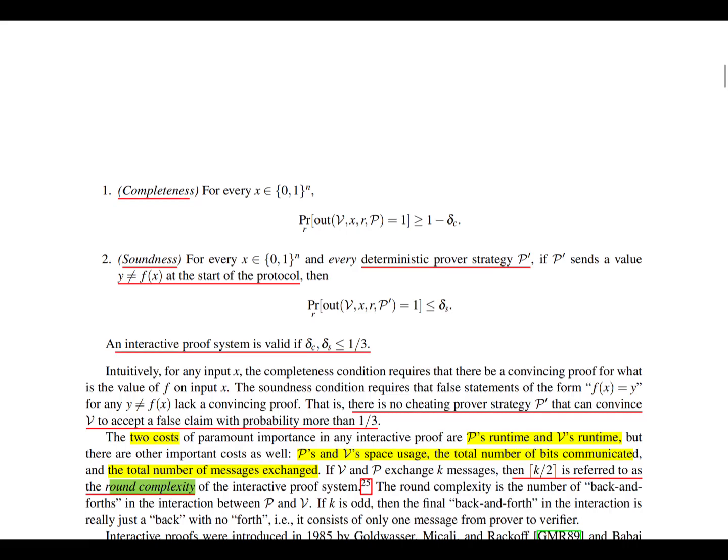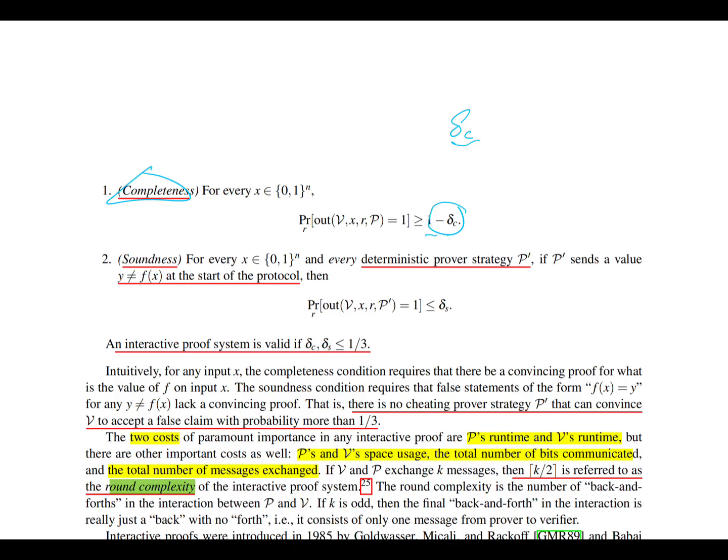The first one is completeness. For all x belonging to this input, the probability must be at least 1 minus delta C. Let's call delta C the completeness error.